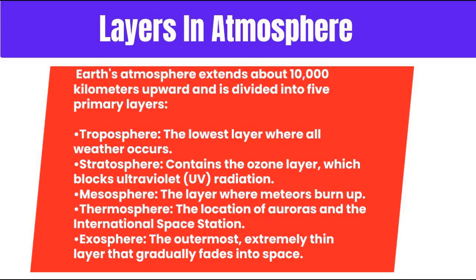Then on top of that we have the stratosphere, which contains the ozone layer, which blocks the harmful ultraviolet radiation of the sun. Then we have the mesosphere, where the meteors burn up. Then the thermosphere, which is the location of auroras and the International Space Station. And then we have the exosphere, which is the outermost extremely thin layer which gradually fades into space.